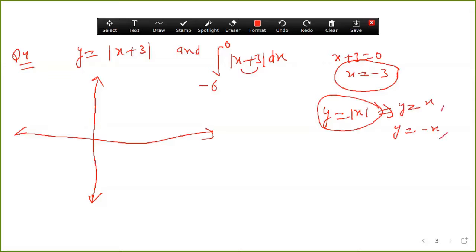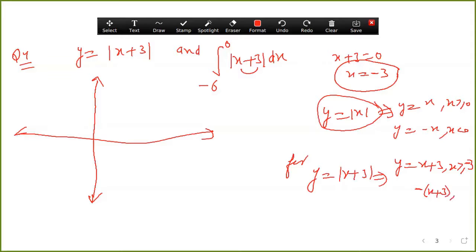Two types of nature will be there, when x is greater than or equal to 0 and when x is less than 0. For y is equal to mod of x plus 3, this implies y will be equal to x plus 3. It will be positive when x is greater than or equal to minus 3, or it is negative when x is less than minus 3. From where do you get the minus 3? I have told you x is equal to minus 3 after putting x plus 3 equal to 0.